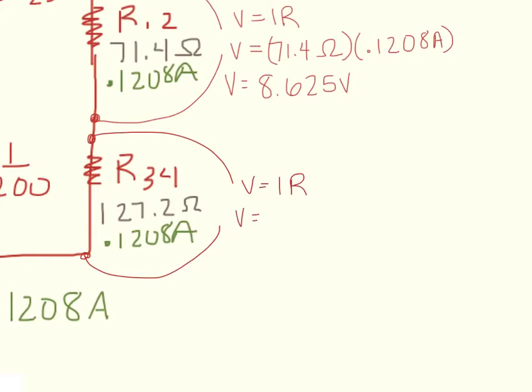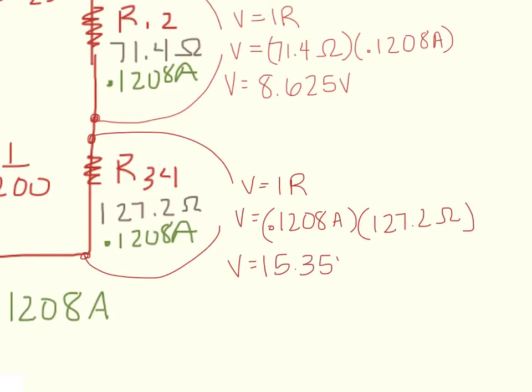V is going to equal 0.1208 amps times the 127.2 ohms. And my voltage drop across this portion is going to be 15.35 volts.